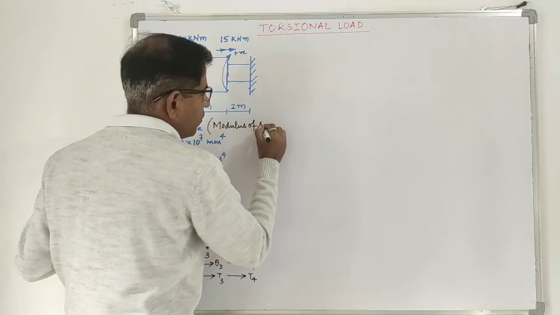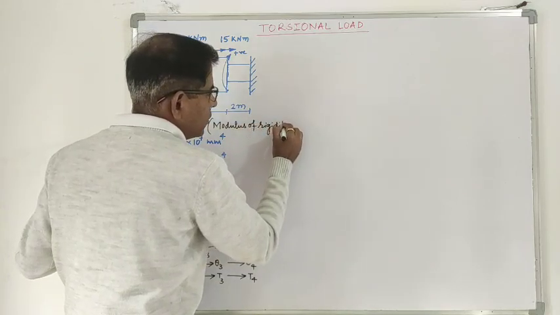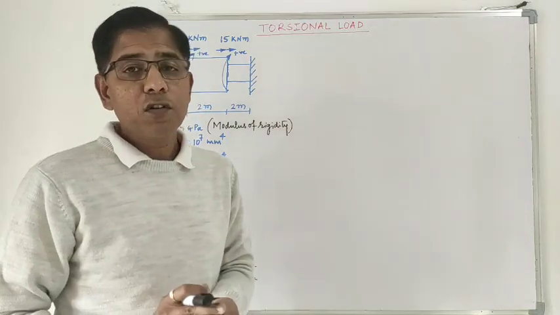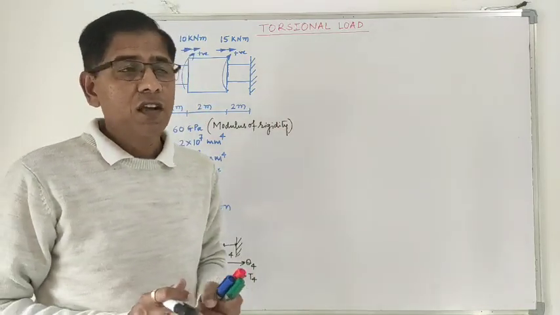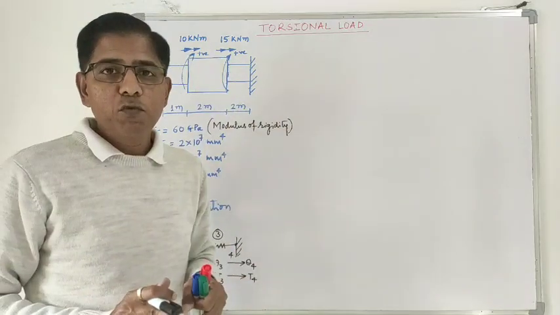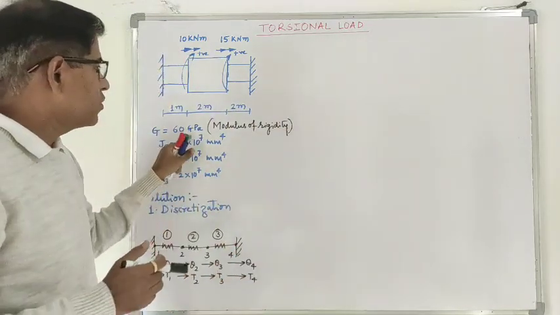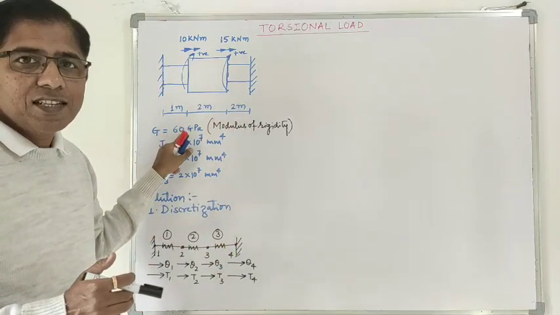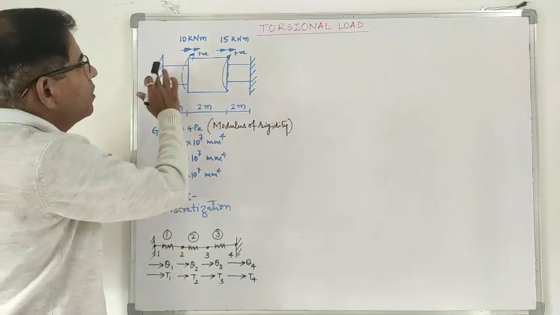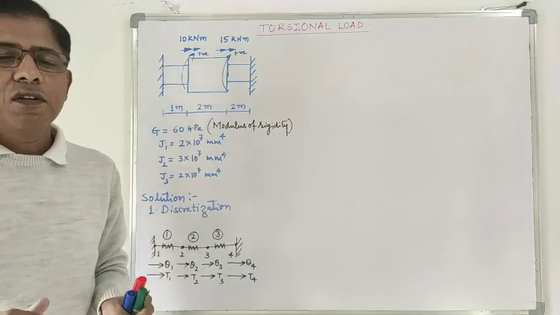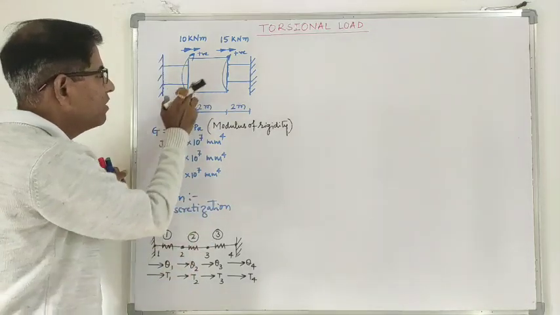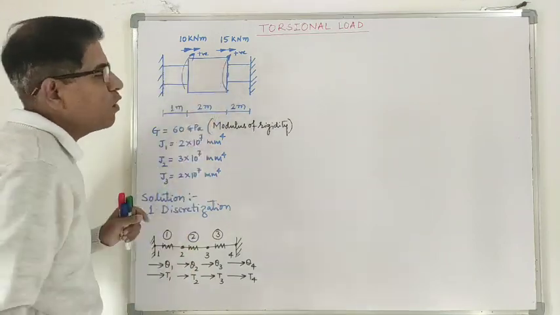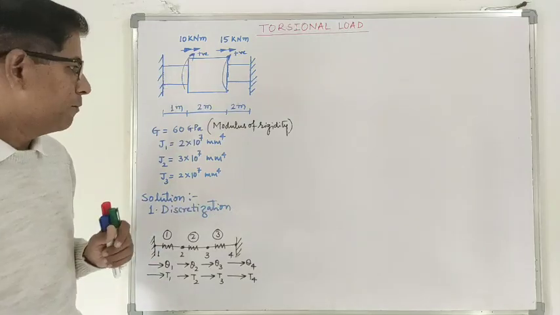In case of point load, we had modulus of elasticity, that is Young's modulus, but for twisting moment or torque, modulus of rigidity is used, and its value is given as 60 GPa. All three steps are made of the same material, which is why only one value is given.